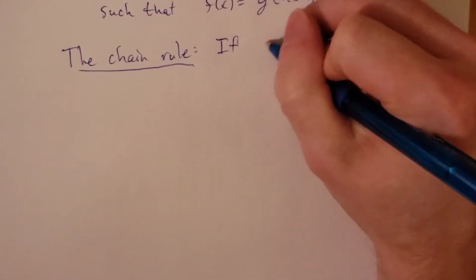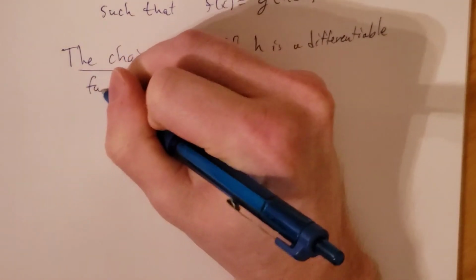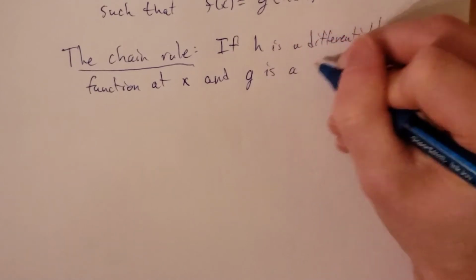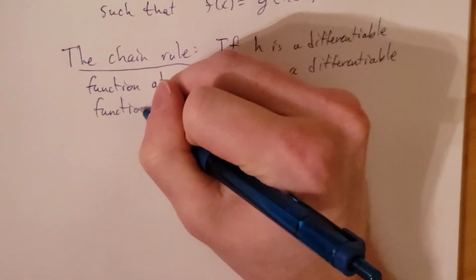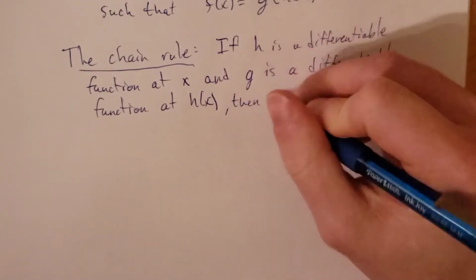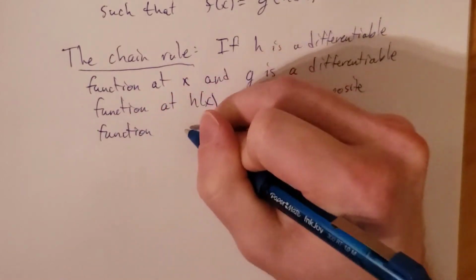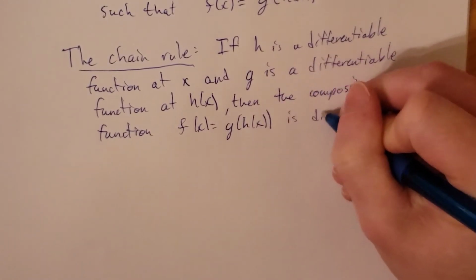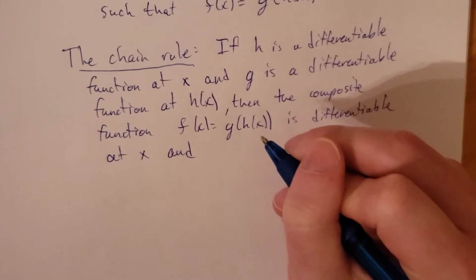That says that if h is a differentiable function at x and g is a differentiable function at h of x, then the composite function f of x equal to g of h of x is differentiable at x, and furthermore, what is that derivative?